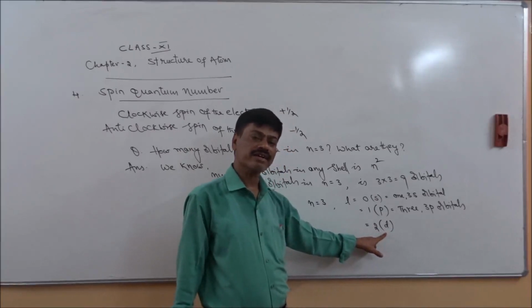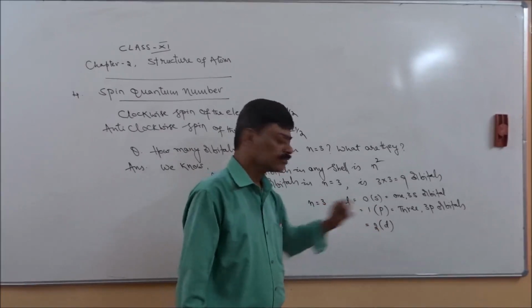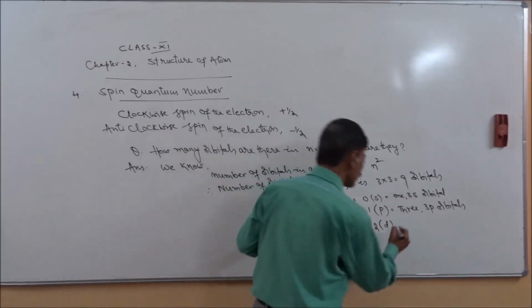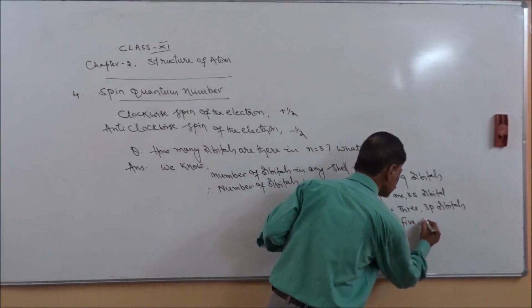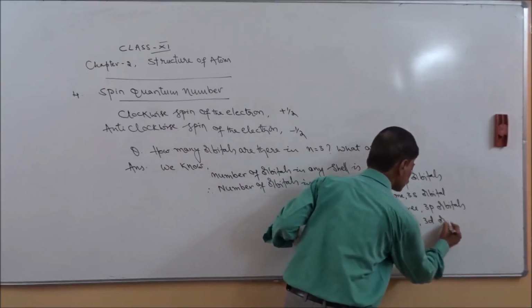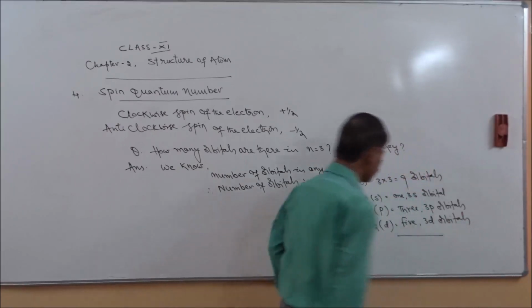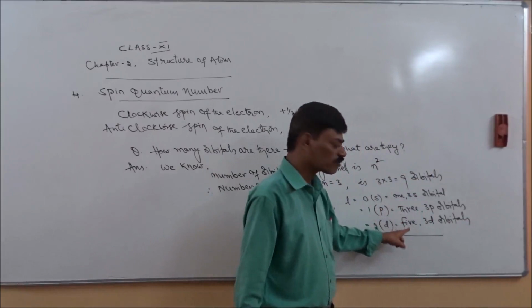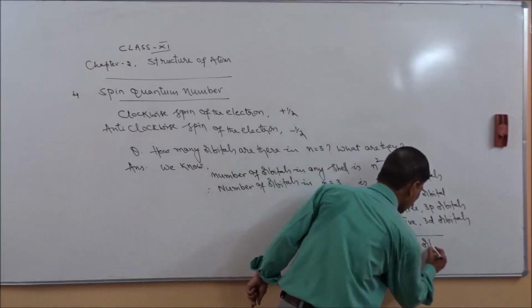D subshell contains 5 orbitals. So 3d has 5 orbitals. So we can write 5 3d orbitals. Now if we add all these, 1 plus 3 is 4, 4 plus 5 is 9. So altogether we have 9 orbitals.